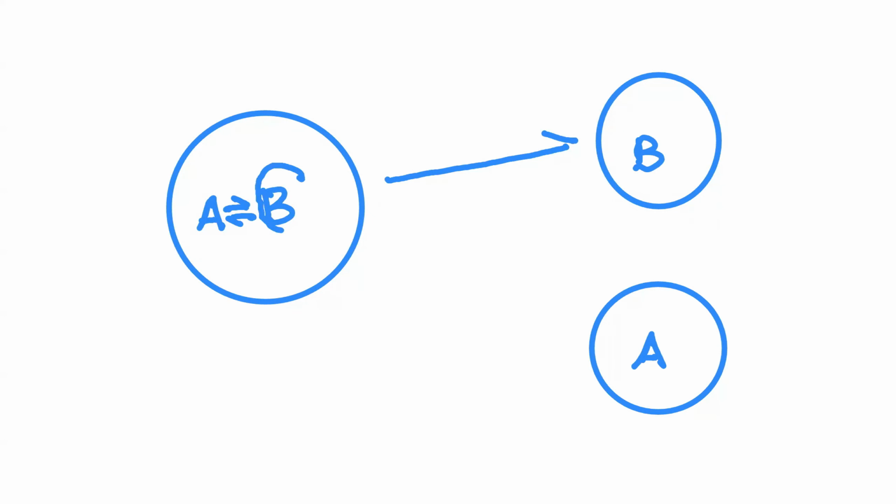B is inside of the cell. If this B wants to communicate with this B, this is the B inside of the cell living with A.